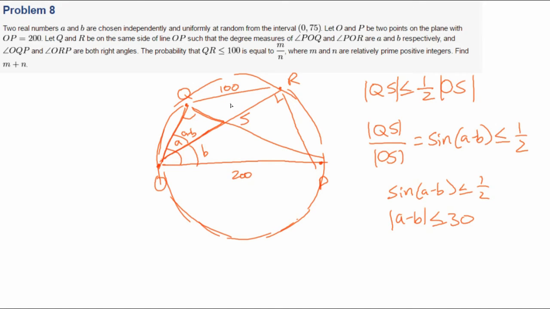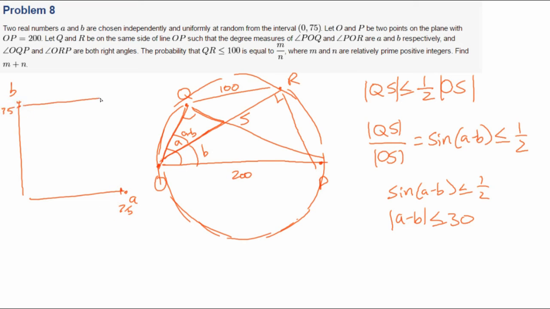And now that we have that, the question is substantially easier. We can just use geometric probability. What geometric probability is, is that you plot a graph of A and B. So A, B, and this is 75, this is 75.